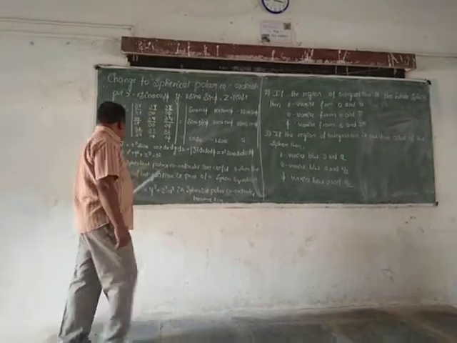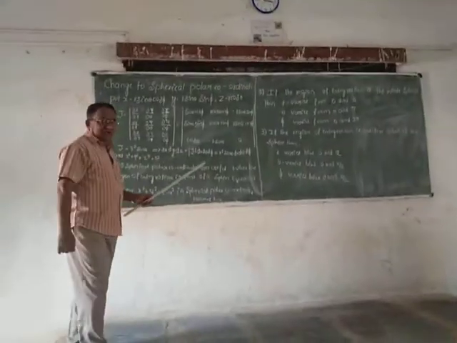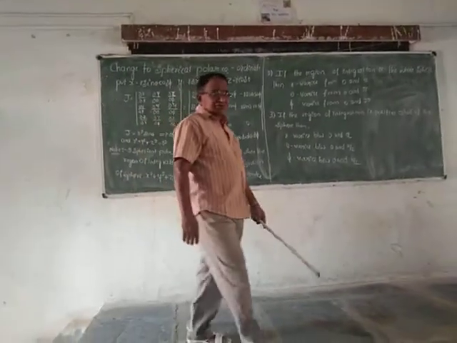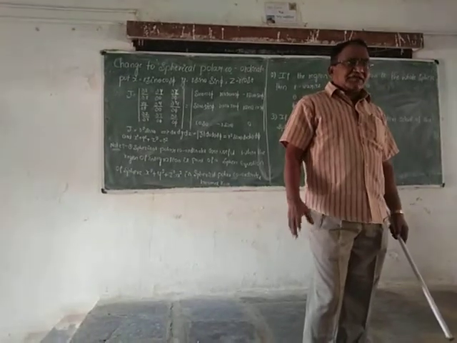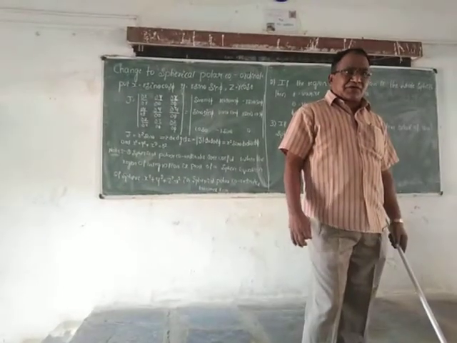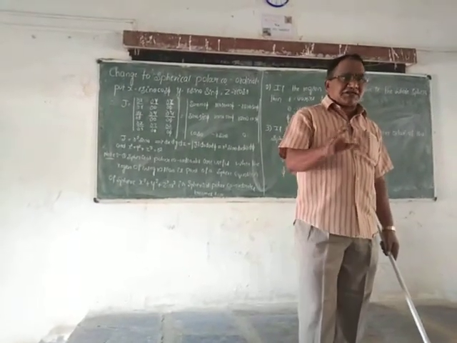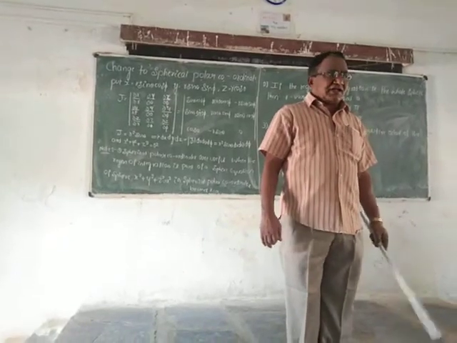Okay. Next, you must note one point. Yesterday I told you that in order to change the variables into cylindrical polar coordinates, the region should be a cylinder.